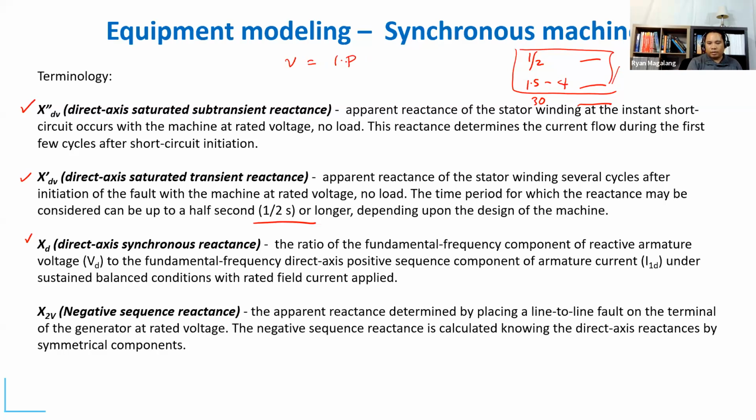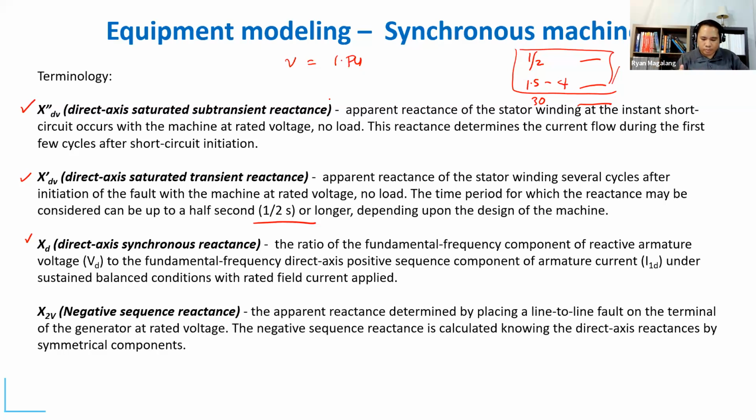But in reality, what's actually happening during a fault, the voltage collapses to zero. So in order to make the analysis easier, we keep the voltage at 1 per unit, and then we vary the reactance, just to make the analysis easier.